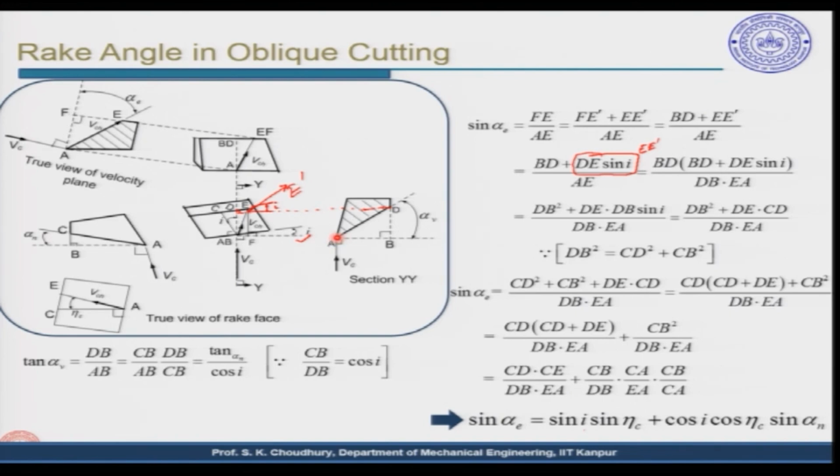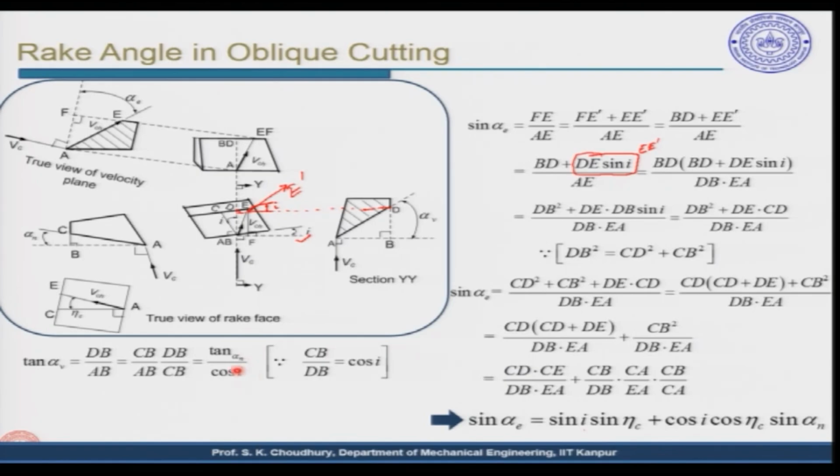So, in this plane we can find out that this is the rake angle, because this is the rake face, and the tan of alpha v from this triangle is dB by AB. dB by AB can be written by multiplying both sides by CB, and CB by AB will be tan of alpha n, the normal rake angle, and CB divided by dB will be cos I. Therefore, tan alpha v can be expressed as tan alpha n divided by cos of I, the inclination angle.